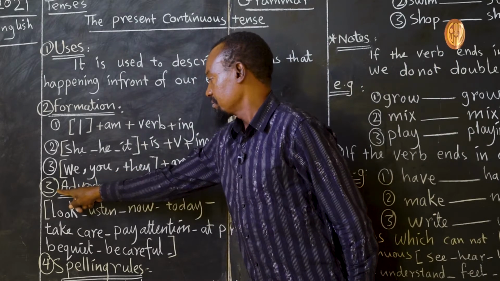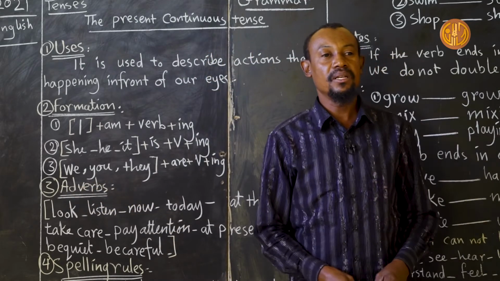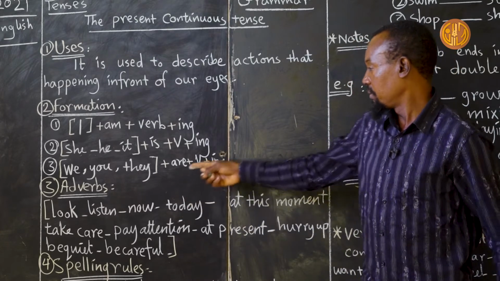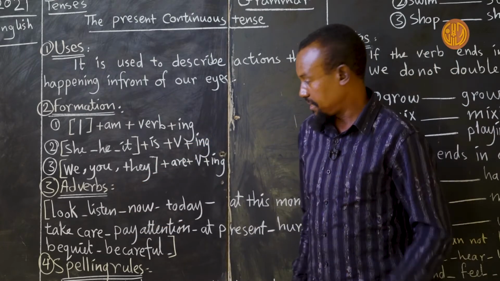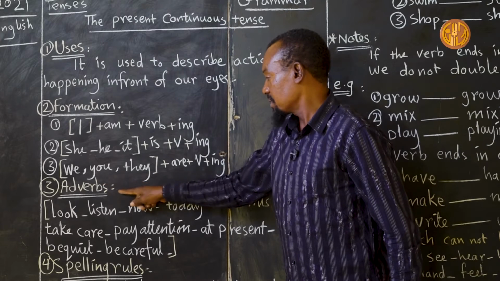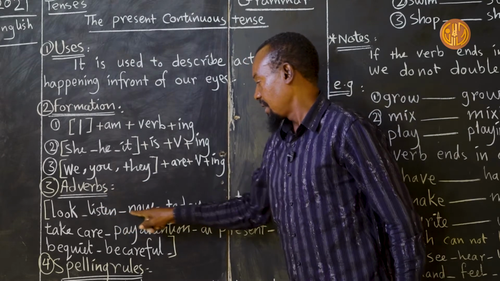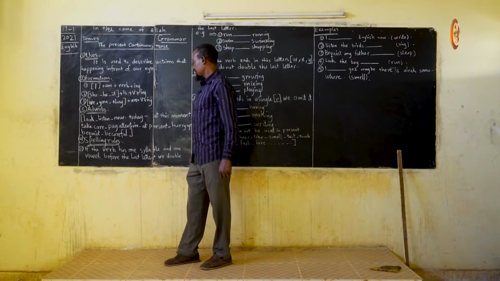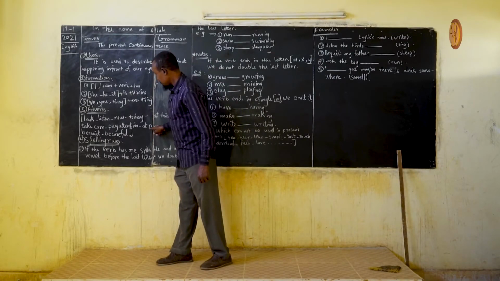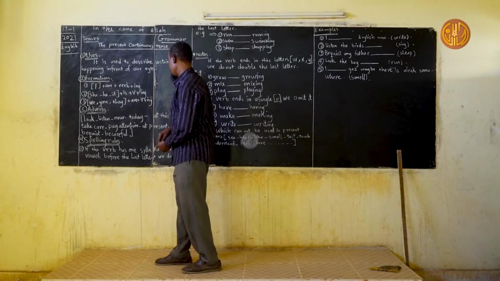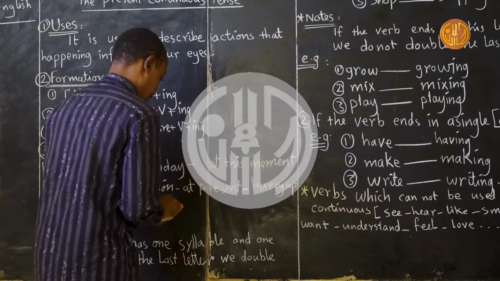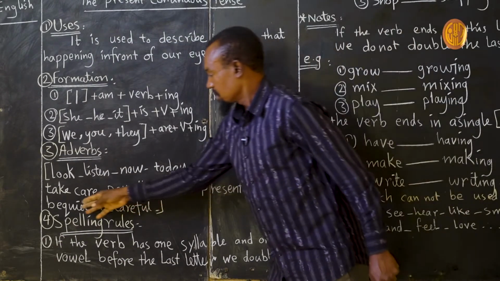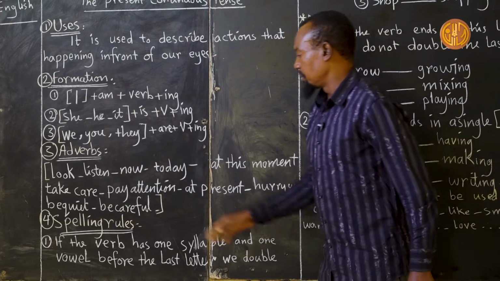Step number 3, adverbs. Adverbs means indicators, indicators which will help you to know which tense this sentence is in. These adverbs: look, listen, now, today, take care, pay attention, at present, hurry up, be quiet, be careful.